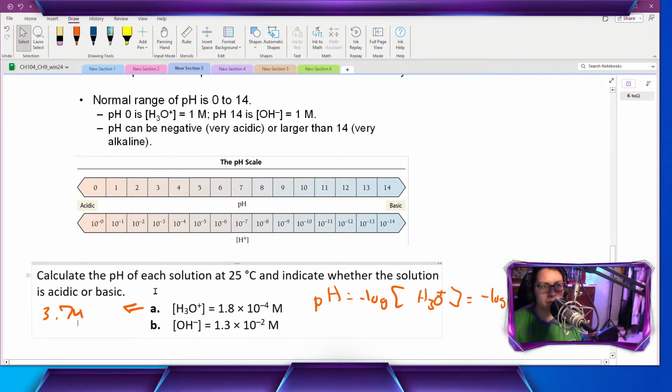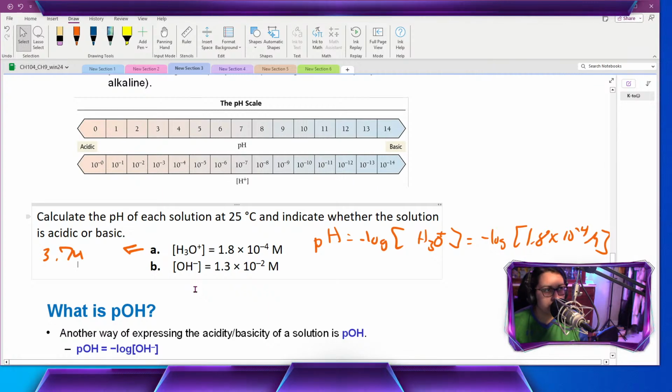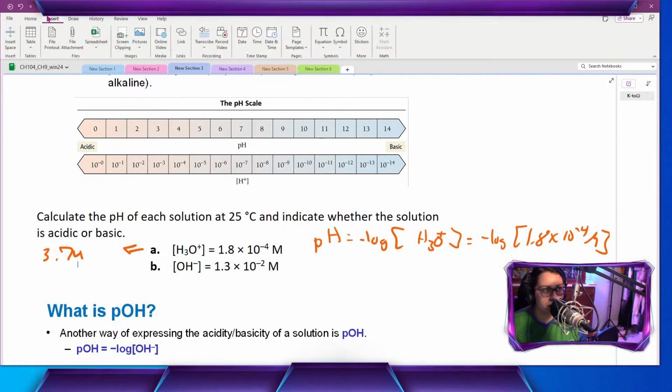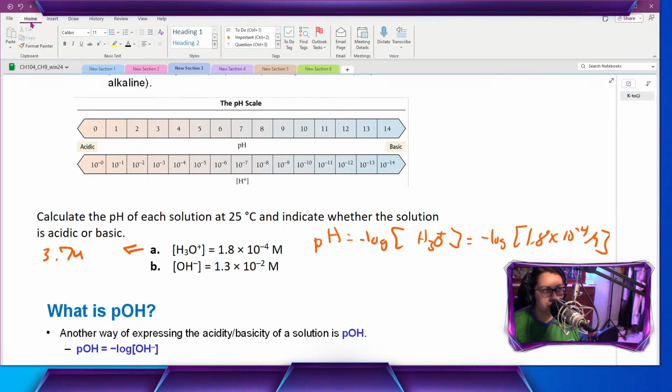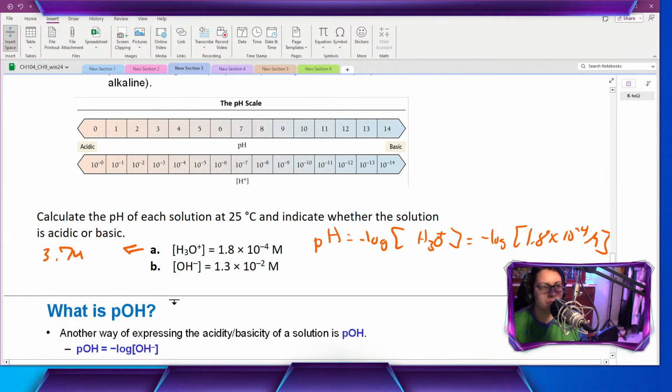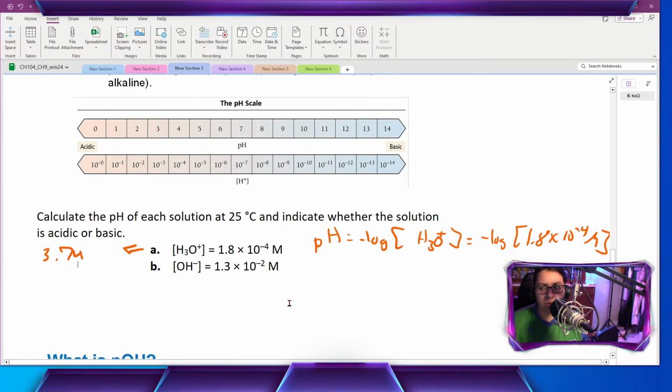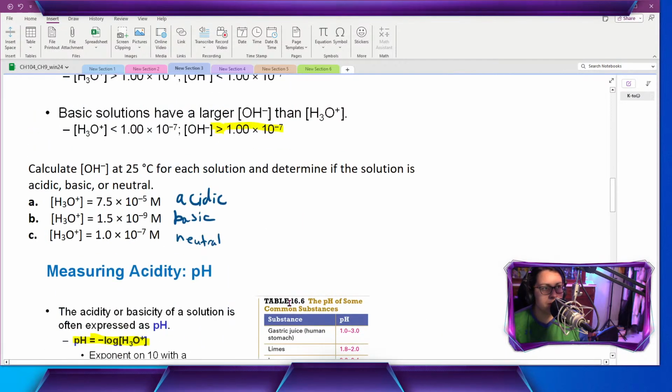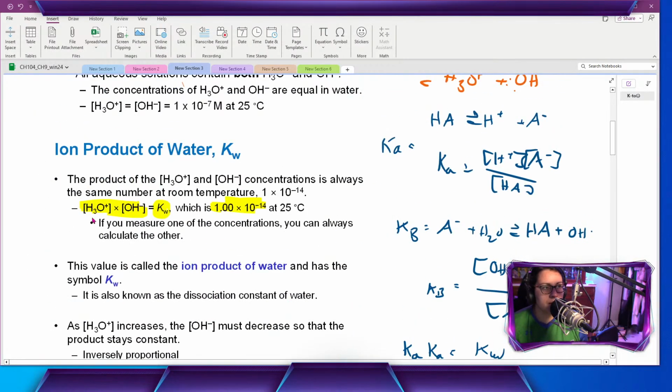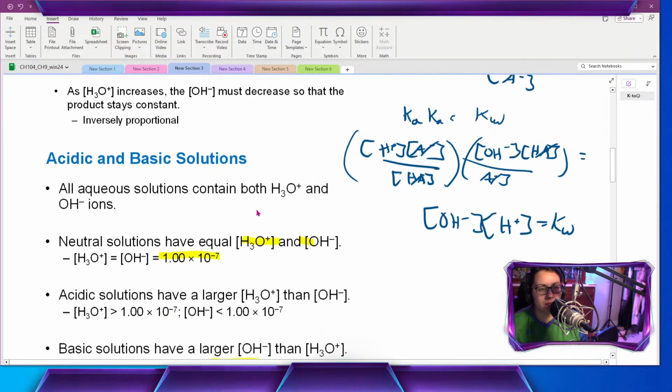Now, what do we do with B? This one was a little trickier. We had to use some relationships. So what do we think? I tried to give a hint. I said, remember that we have our hydronium times hydroxide equals 1 times 10 to the negative 14th.